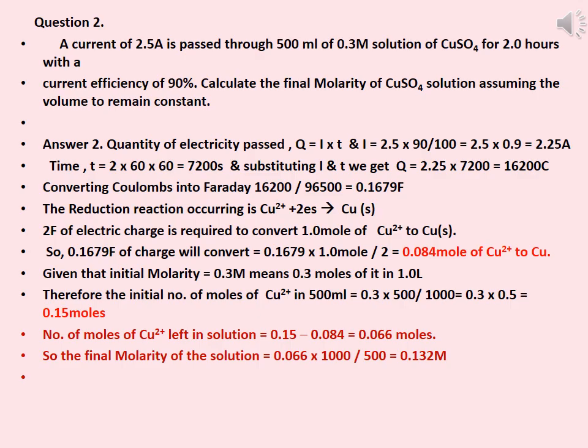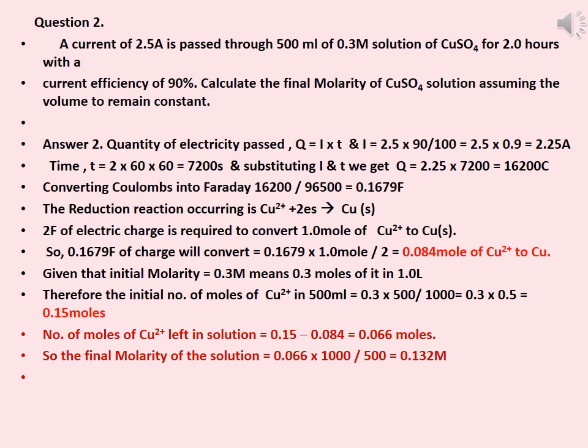How 2 Faradays? Because 2 into 96,500 coulombs. I kept this problem for a change. I wanted to work it out in terms of Faradays of charge. So 2 Faradays of electric charge is required to convert 1 mole of copper ions to copper metal.